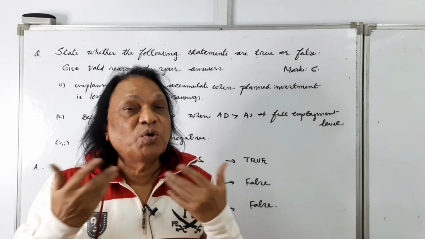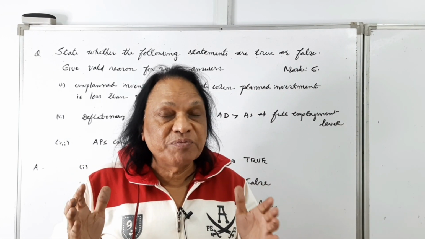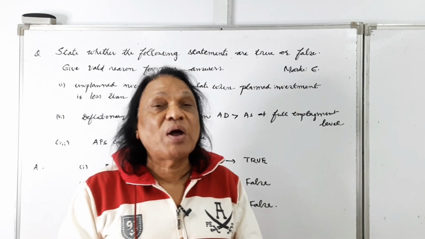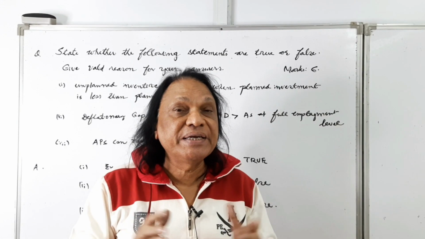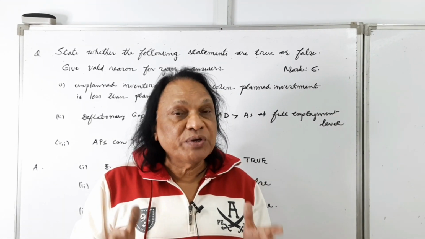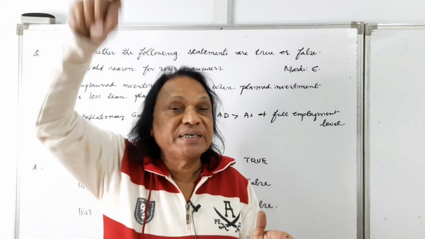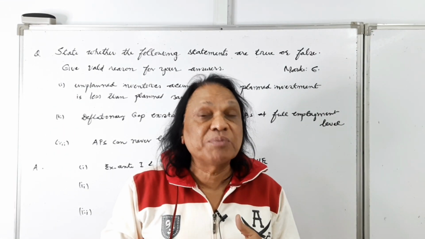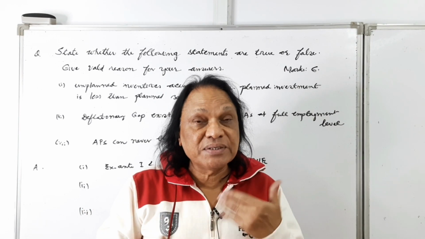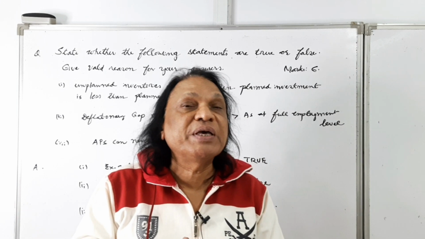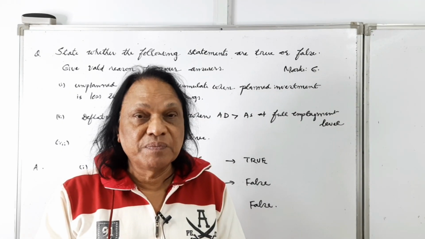So I'll give you more idea about this. At the equilibrium level of income, employment and output, aggregate demand is equal to aggregate supply, that is AD = AS. We already know AD stands for C plus I and AS stands for C plus S, so C gets cancelled. At the equilibrium level of income and employment, AD becomes equal to AS, and automatically planned savings and planned investment will be equal, that is ex ante saving equals ex ante investment.